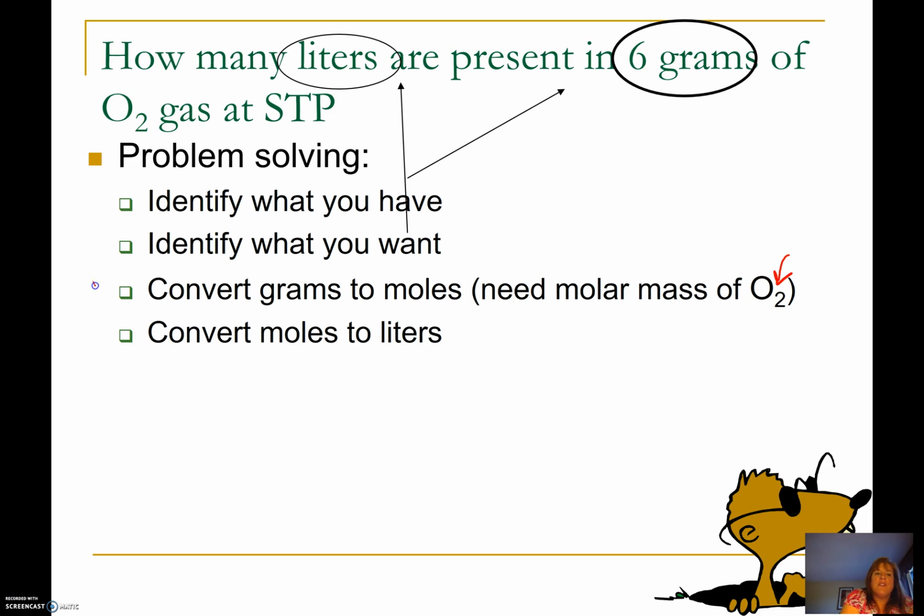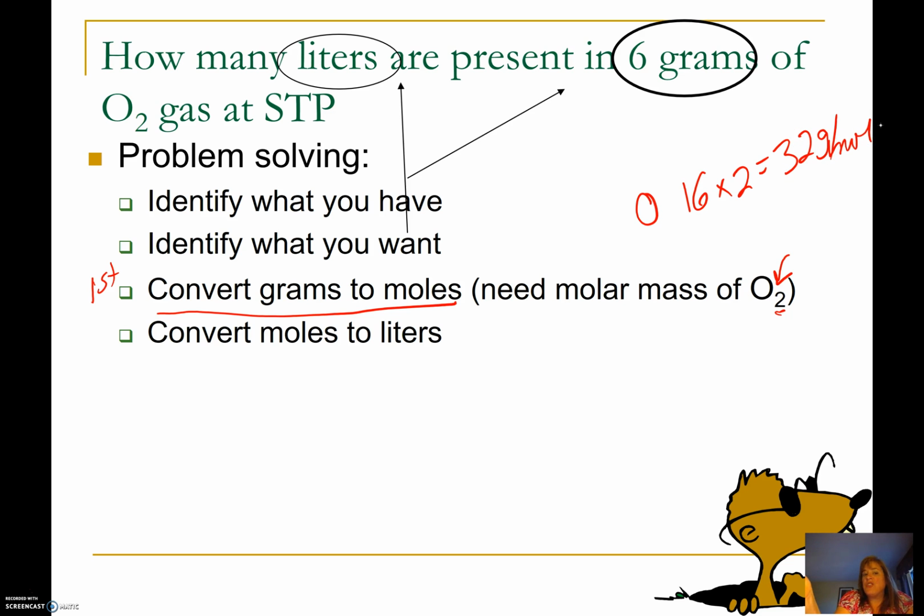Well, in our first step, we're going to convert our grams to moles. So we need the molar mass of oxygen, and oxygen by itself has an atomic mass of, why do I keep saying 12? That's carbon. 16 times 2, because there's 2 of them here, that's 32 grams per mole. So there is my molar mass of oxygen.